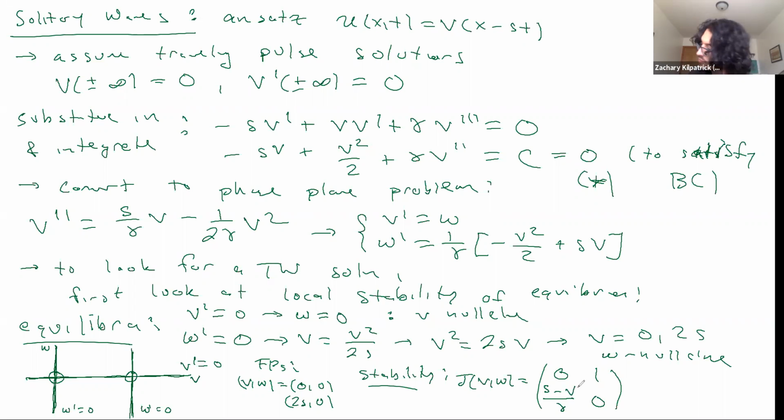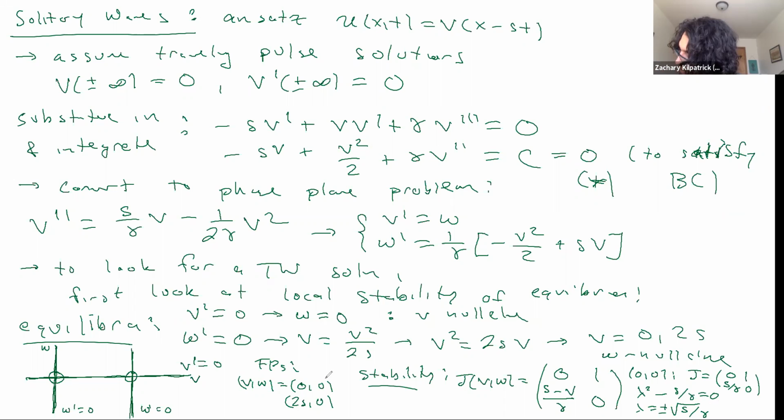Okay, so my stability then at 0, 0 is given by J equals what? 0, 1, S over gamma, 0, okay? So I get lambda squared minus S over gamma equals 0, or lambda is equal to plus minus square root of S over gamma, okay?